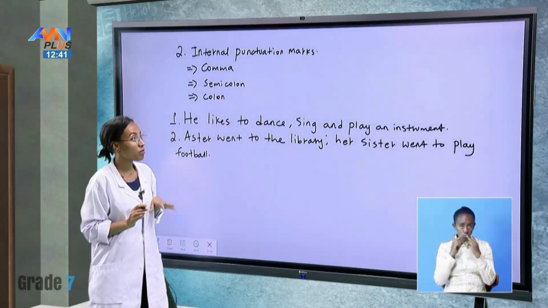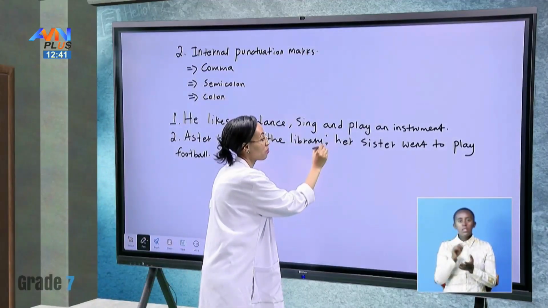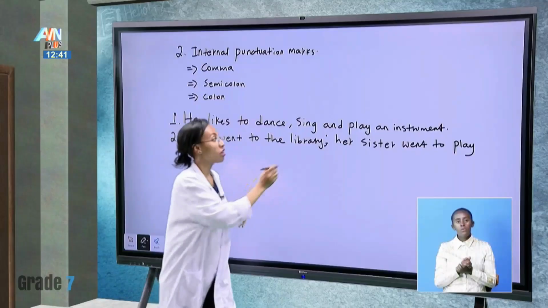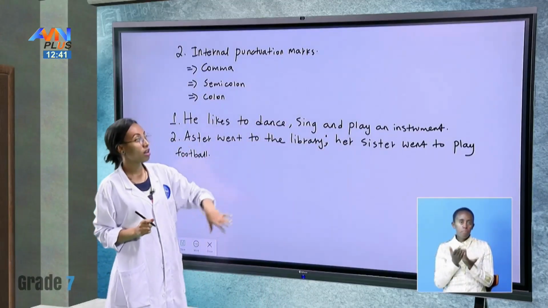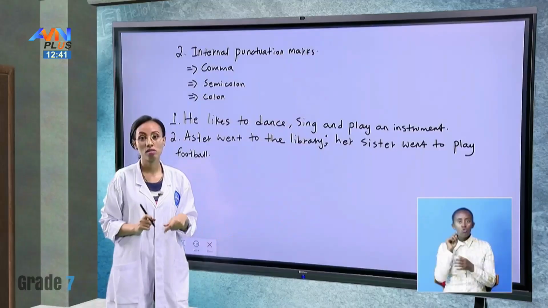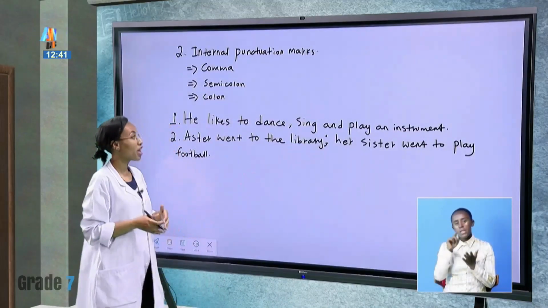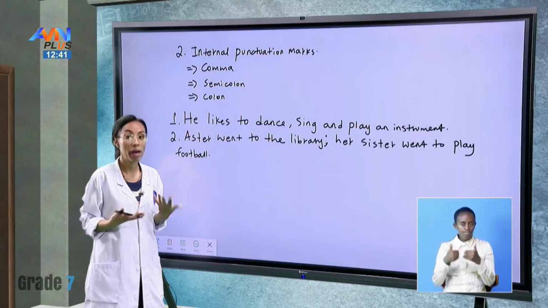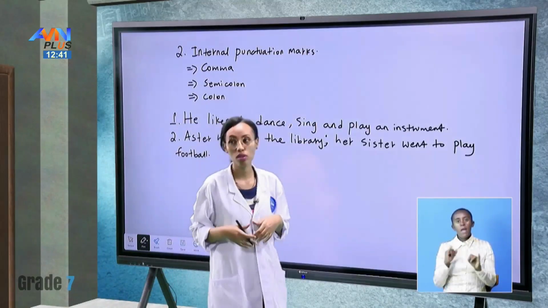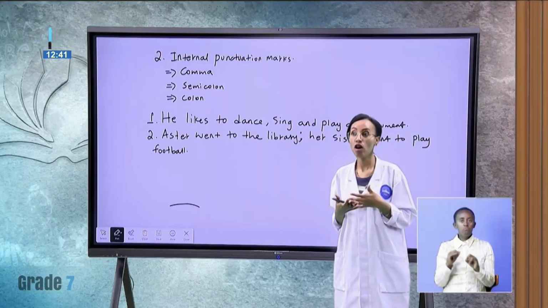See, we have used again a semicolon. Yes, semicolon. A semicolon is what? A symbol that has a dot above what? A comma. So a semicolon. And we used it to separate two independent ideas or two independent clauses.